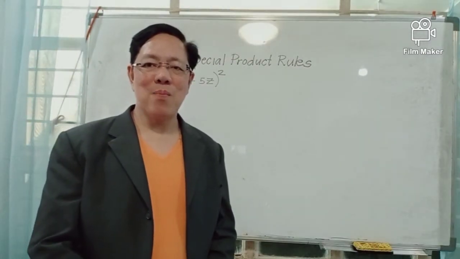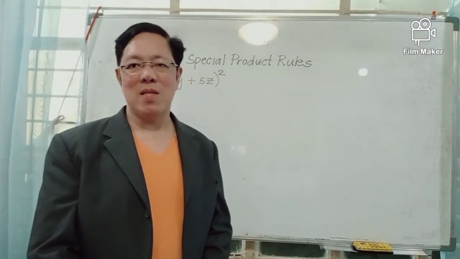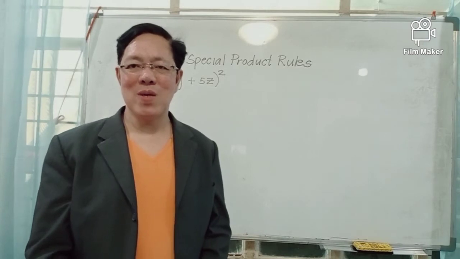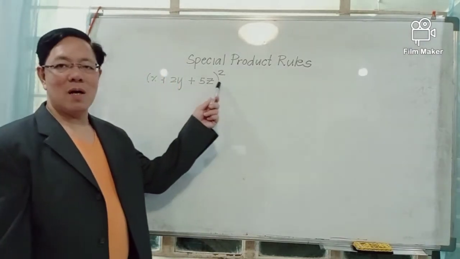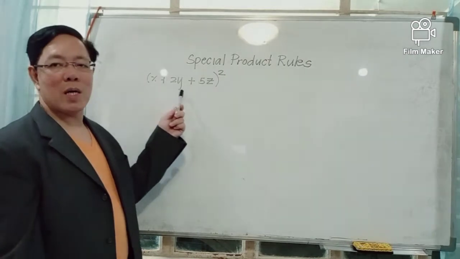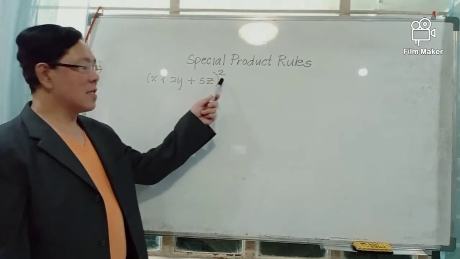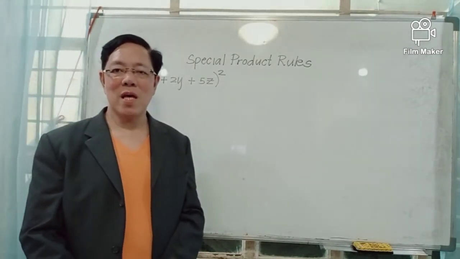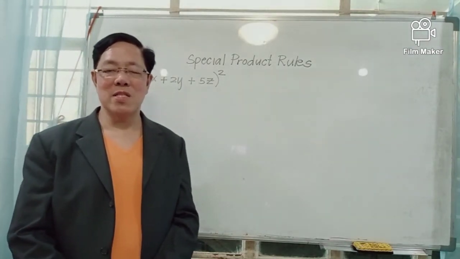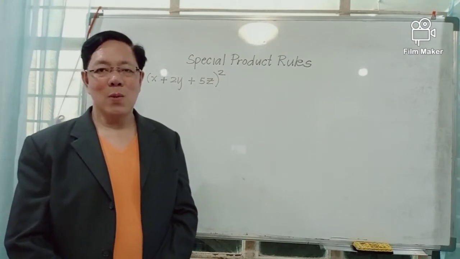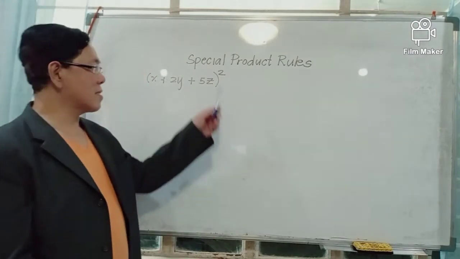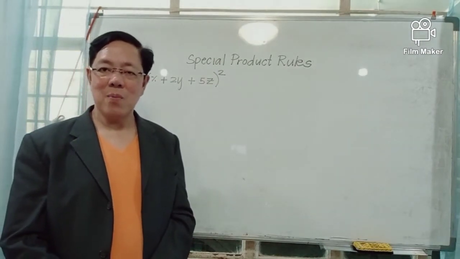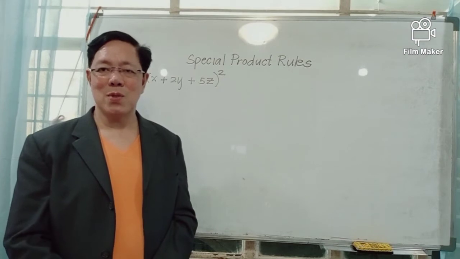We take another example for applying the second special product rule for the square of a binomial. Consider the following. We have the square of x plus 2y plus 5c. In this given, we have the square of a trinomial, but we do not have a special product rule for the square of a trinomial. So what we will do is express this given as the square of a binomial, or the square of a sum of two terms.